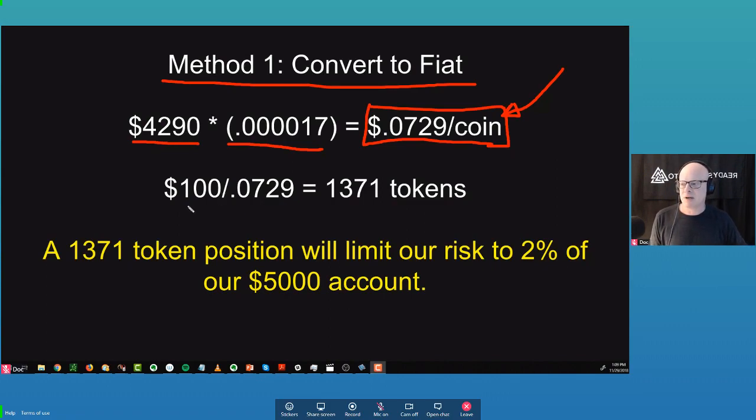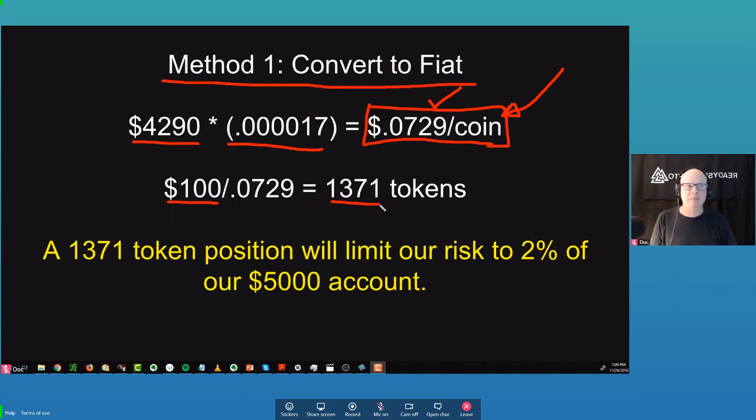Okay, so 7.3 cents per coin is what this particular token is going for right now. So if I say here's my $100 that I've got to work with on this trade, and I divide that by 0.0729, that's dollars per token, I get an answer of 1371.